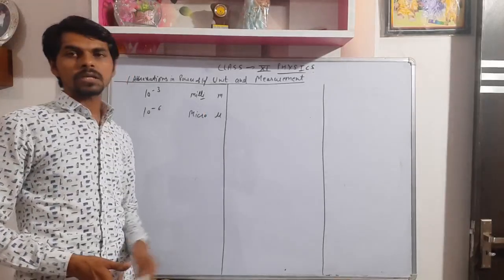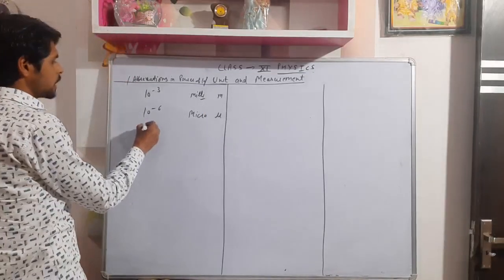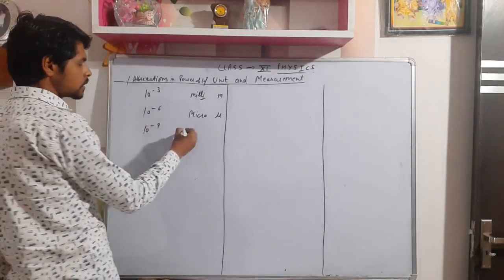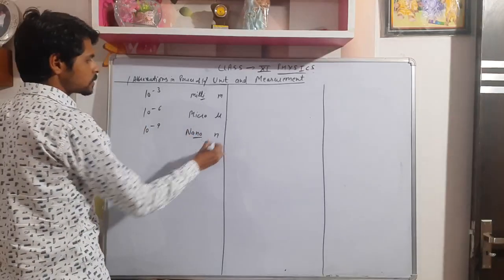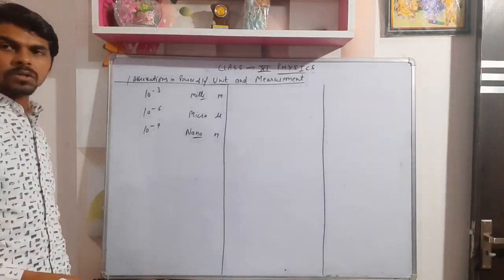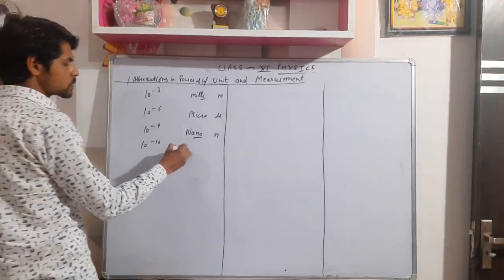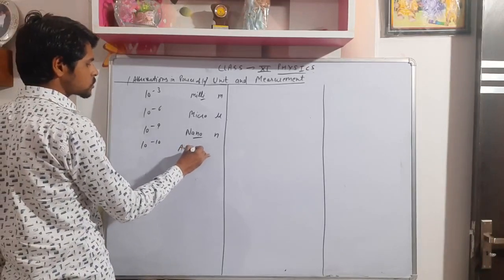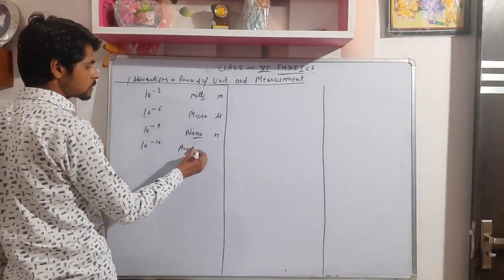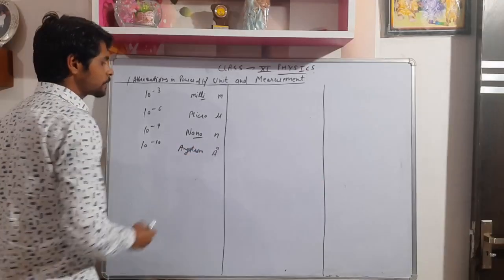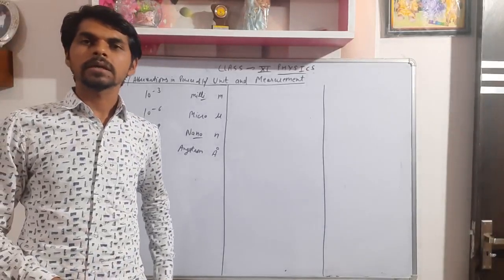That is, 10 to the power minus 3 is called milli, 10 to the power minus 6 is called micro, and 10 to the power minus 9 is called nano. 10 to the power minus 10 is called angstrom, named after the scientist Angstrom, and the symbol is A naught. 1 angstrom means 10 to the power minus 10.